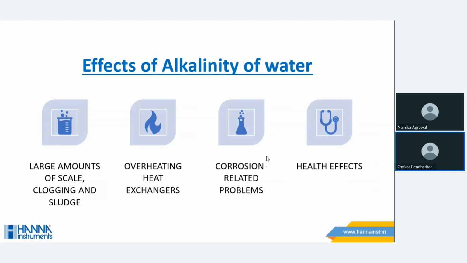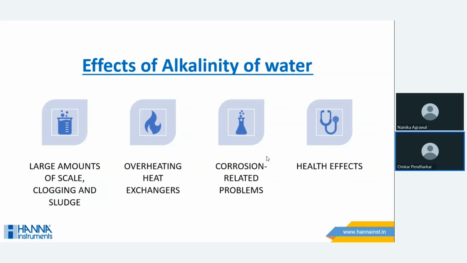If alkalinity exceeds the prescribed range, then it can lead to corrosion, caustic metal embrittlement, carryover, and scaling inside the pipe surfaces. This is the main and important factor for the effect of alkalinity of water, and this scaling can also lead to our next effect, overheating of heat exchangers.